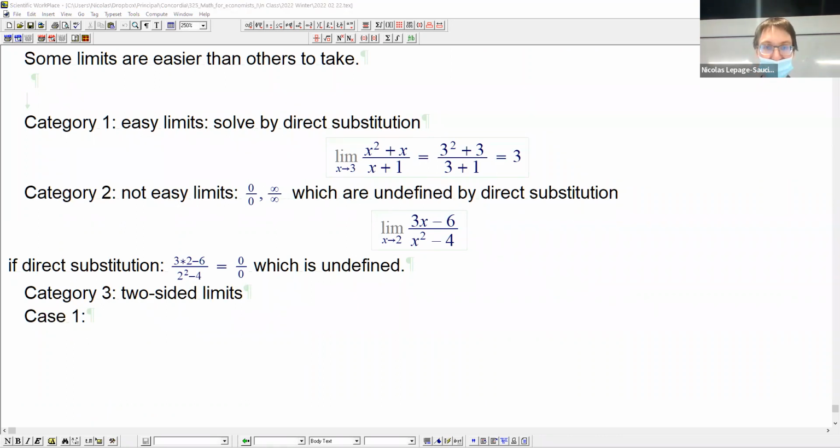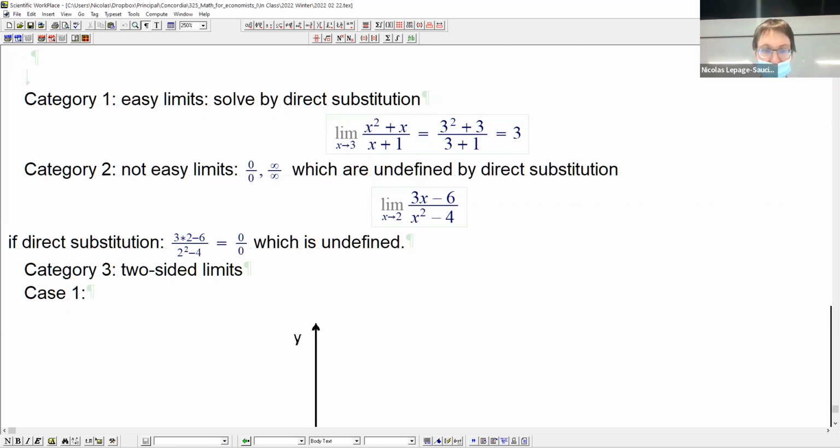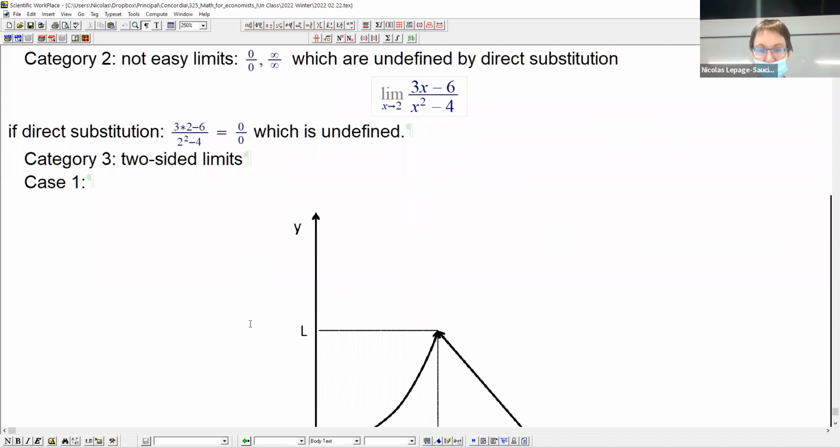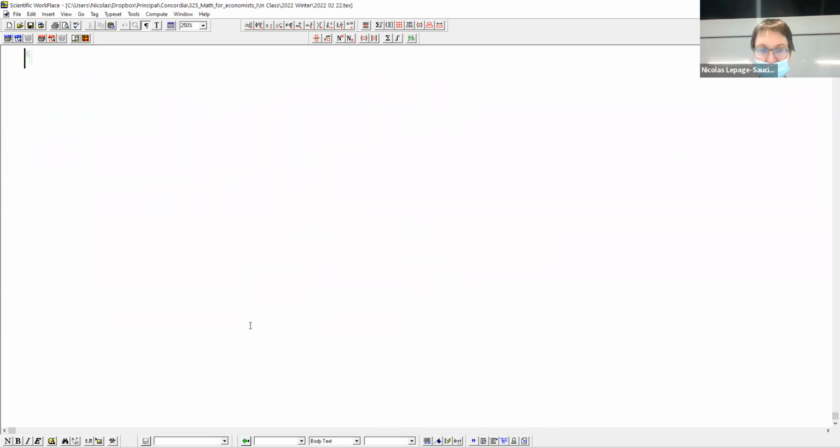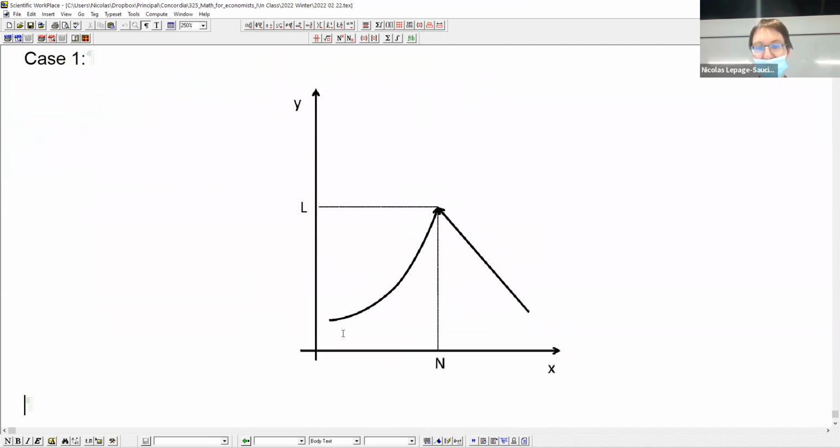Case 1 is that one. You see that I have one function that's doing this, and then one function that's doing this. And if I take the limit at n, then I really have to make sure that what happens on one side and what happens on the other is the same.